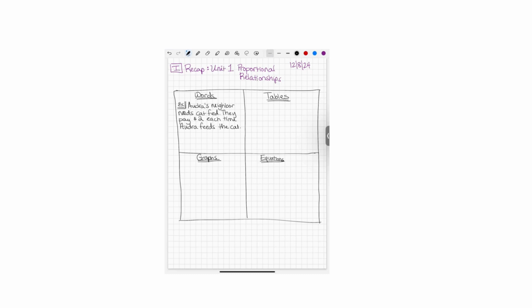Now, what I want us to do with Audra and her cat feeding situation is I want us, under our table chart, to create a table to model Audra's situation. Okay, we're going to make a table.